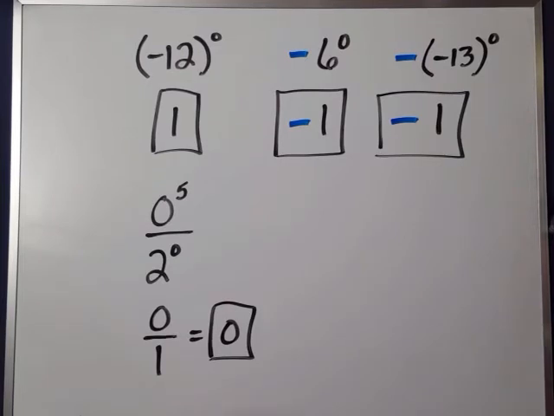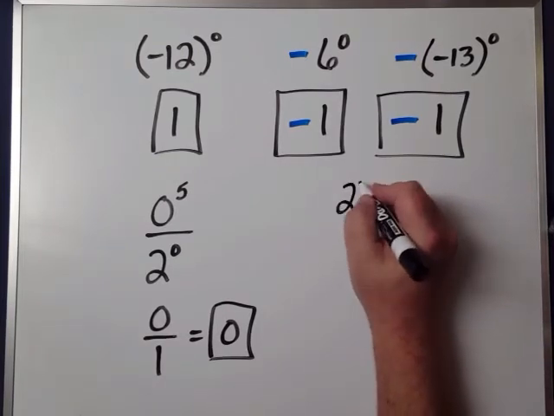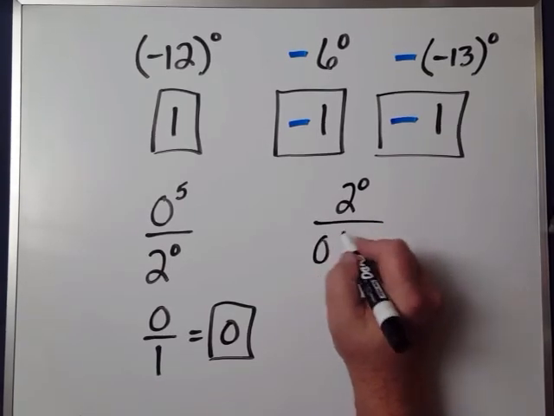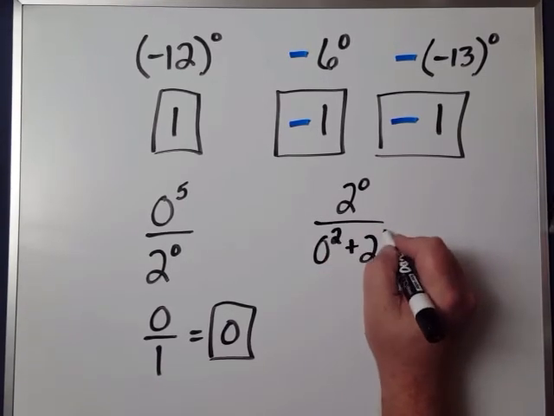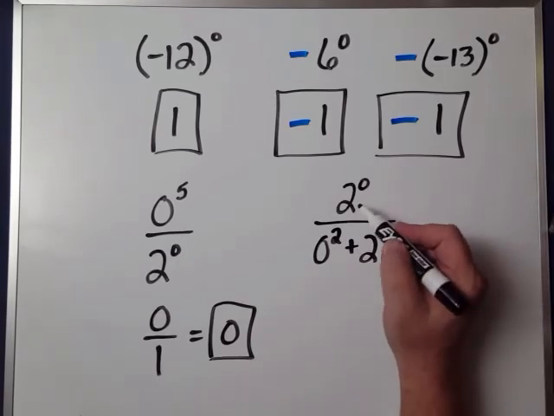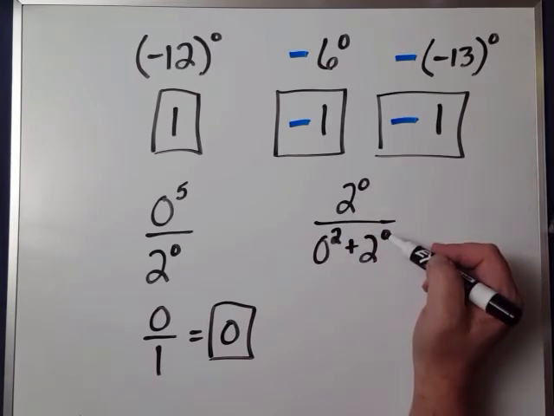Number 24. 2 to the 0 over 0 squared plus 2 to the 0. We crank this out with order of operations. We work the top and bottom separately.